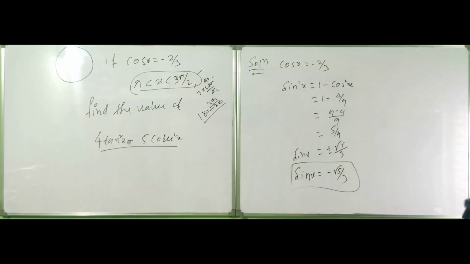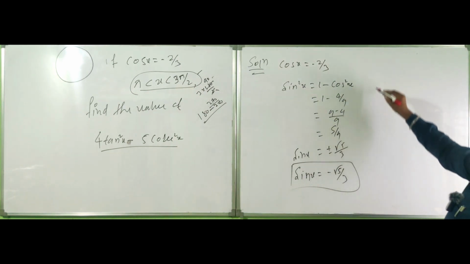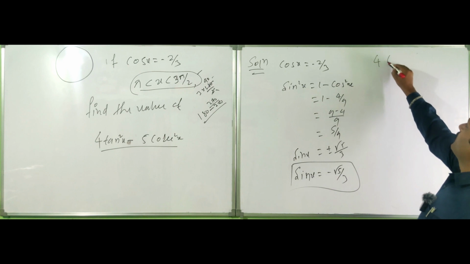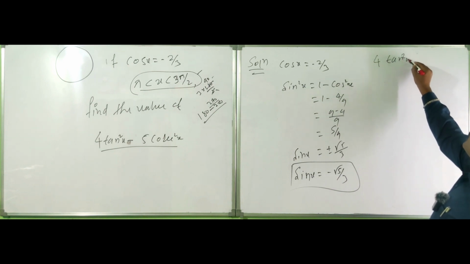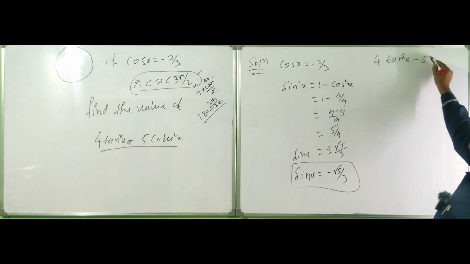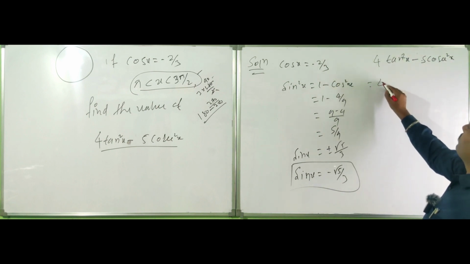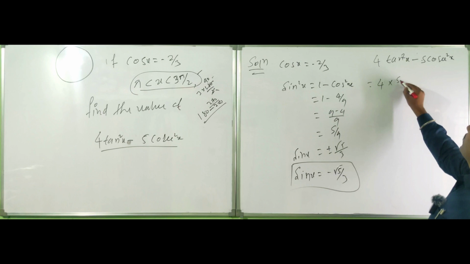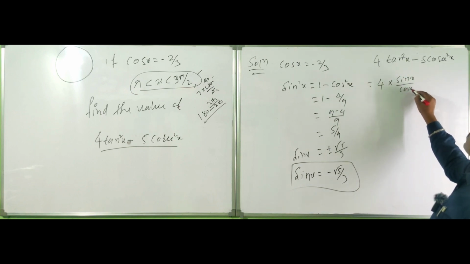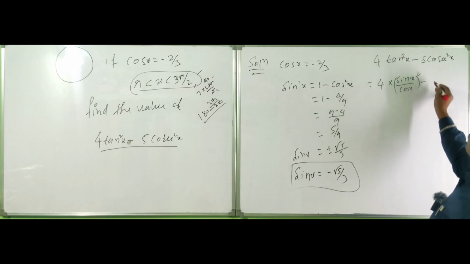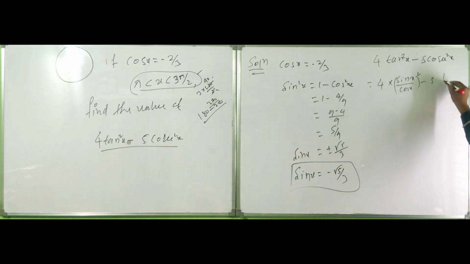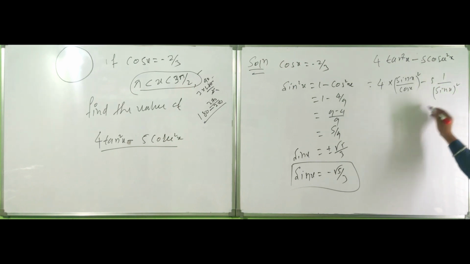What is the value of 4 tan square x minus 5 cosecant square x? It is equal to 4 into sin x by cos x whole square minus 5 into 1 by sin x whole square.